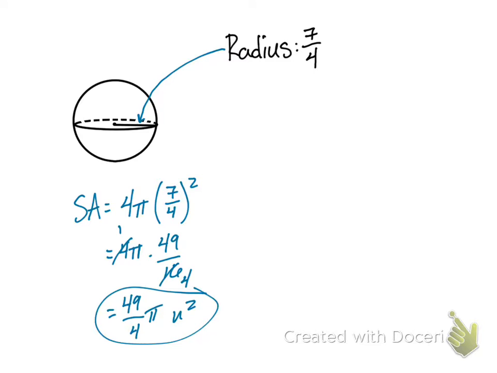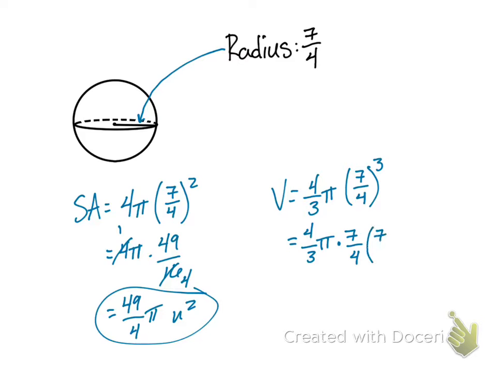There's our surface area. And volume, 4/3 pi radius cubed. Okay, now I'm going to stop right here really quick and say that I'm going to write this a little bit differently, and you'll see why in a minute. Is this the exact same as the one before?